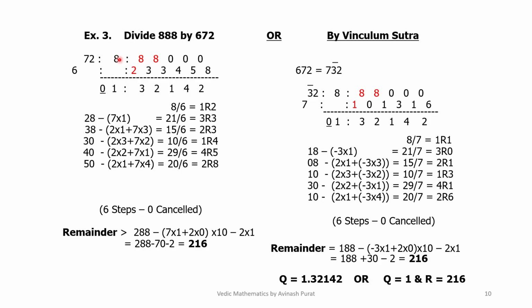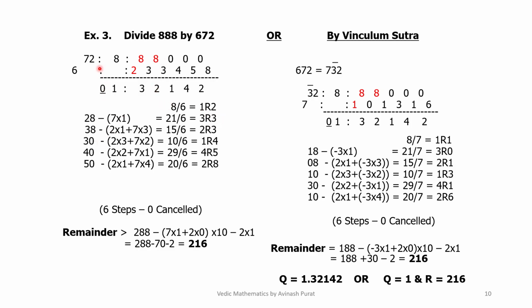Now 8 divided by 6 is 1, remainder is 2. 28 minus 7 into 1, that is 21, divided by 6 is 3, quotient 3, remainder 3.